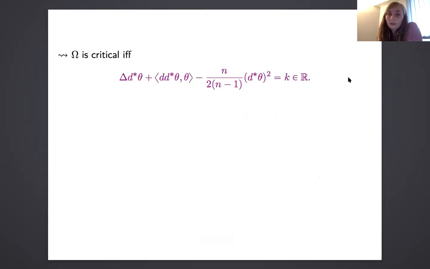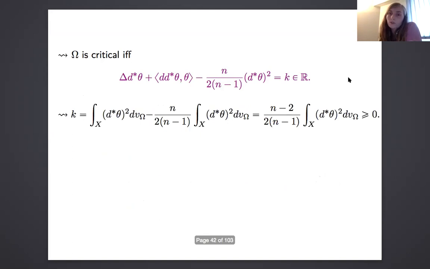And now we can go further, in fact. So first of all, we can detect the sign of this constant by integrating this quantity over the manifold. So this, of course, will be 0, and d moves here, so we obtain this part. And then we obtain that this constant has to be 0 or positive.